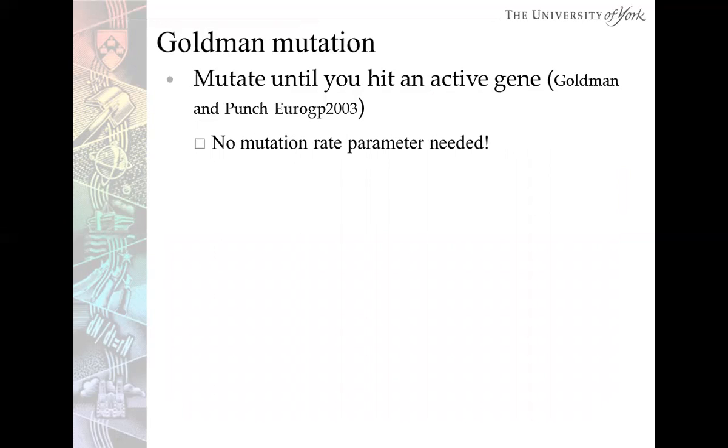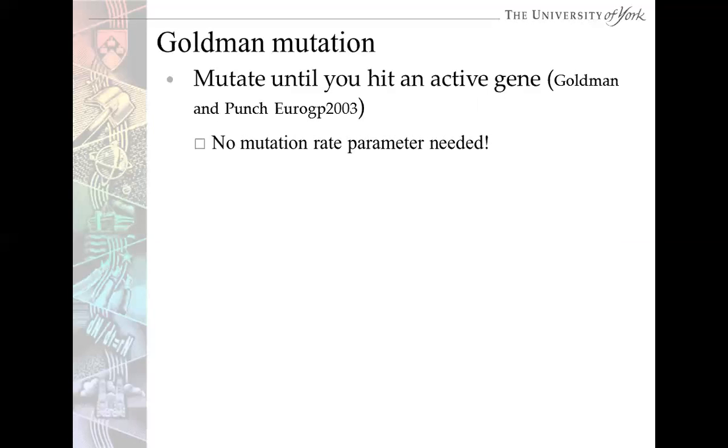In 2003, Brian Goldman and Bill Punch developed a new form of mutation called single, which basically means you just mutate one gene at a time, point mutation, until you hit an active gene. The interesting thing about this form of mutation is you don't need a mutation rate parameter, because you're just going to mutate a gene at a time until hitting an active one, where you stop.